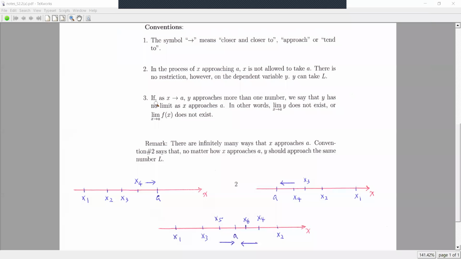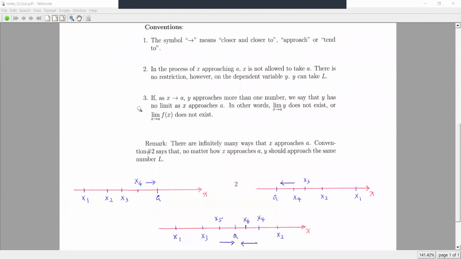Convention number 3. If as x approaches A, y approaches more than one number, in this case we say that y has no limit. In other words, this limit doesn't exist.